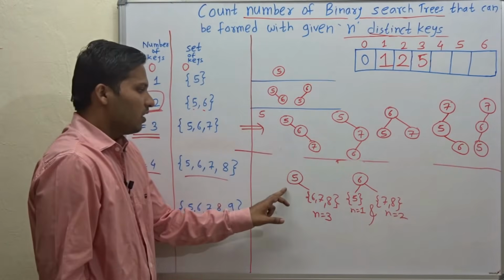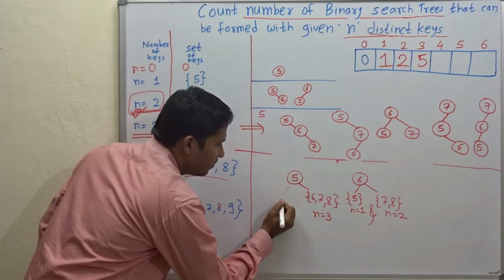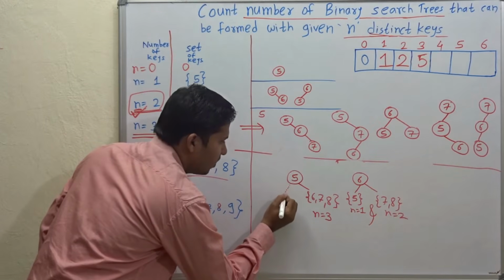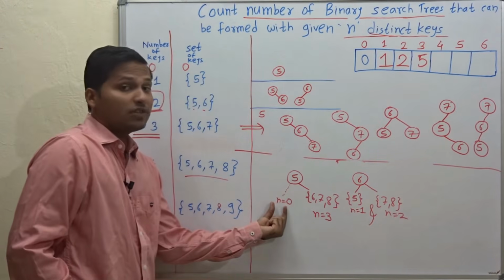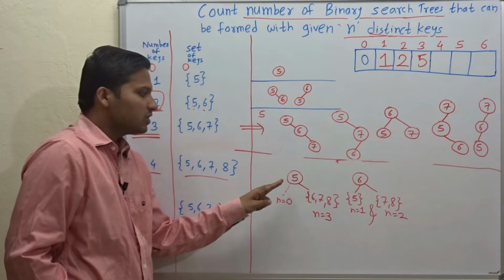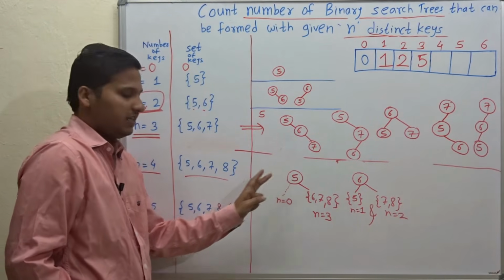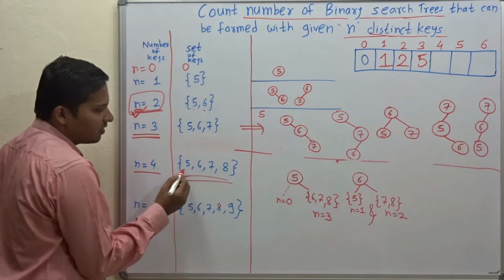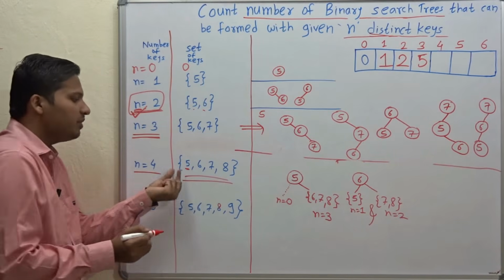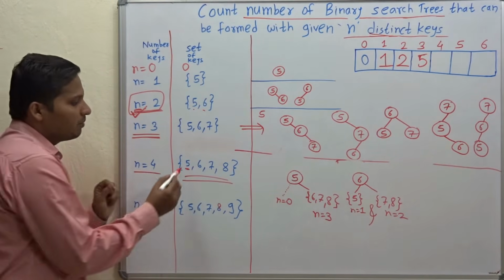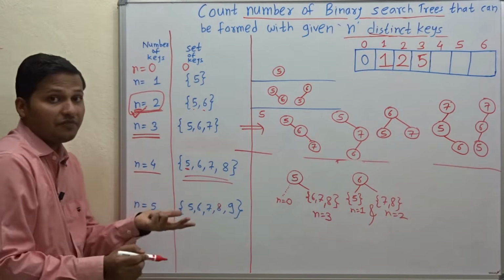Invisibly here it is n equal to 0. See, n equal to 0, because there is no key on the left side, because 5 is the least element. As this is the sorted order, for 5 there will be nothing on the left side, because all elements are greater than 5.